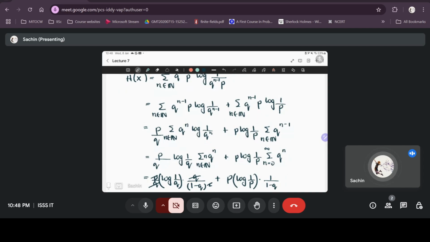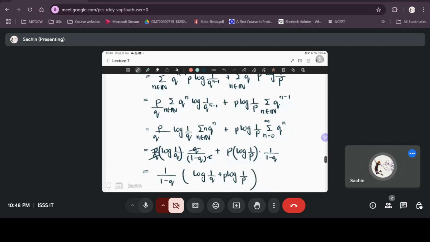So I made a small mistake in one of the steps. This was actually log of 1 over q power n minus 1, which means that this sum is actually n minus 1 times q power n.